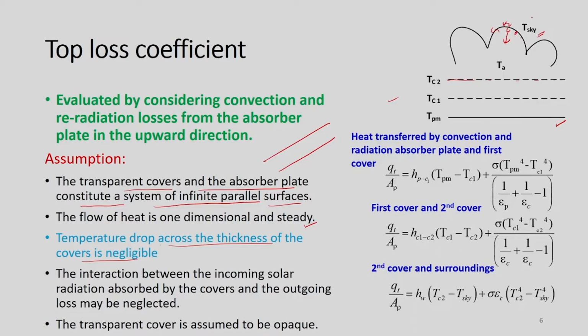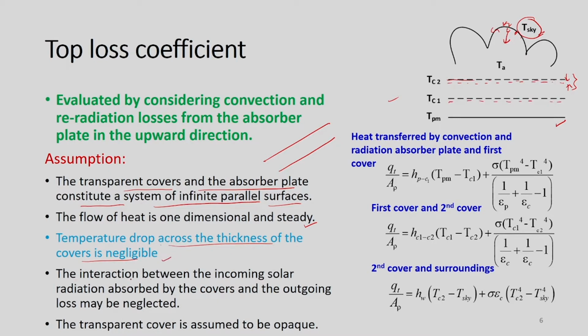That radiation can be taken care of by using this sky temperature. The cover has some thickness, but there should not be any heat losses there. So, there will be no drop of temperature in those regions. That is what is meant by saying the temperature drop across the thickness of the cover is negligible.